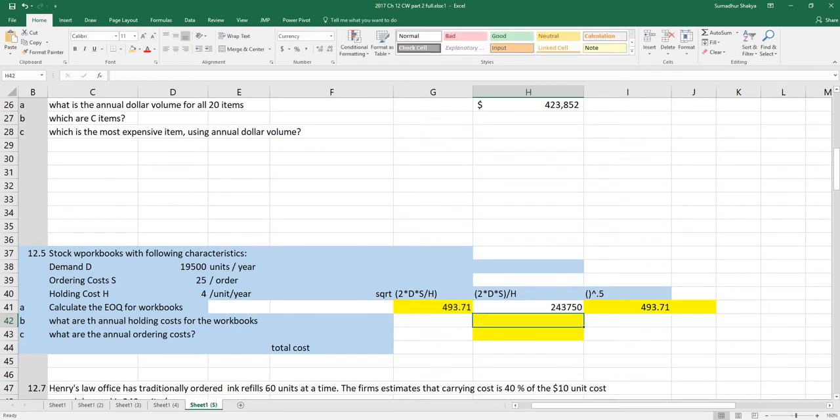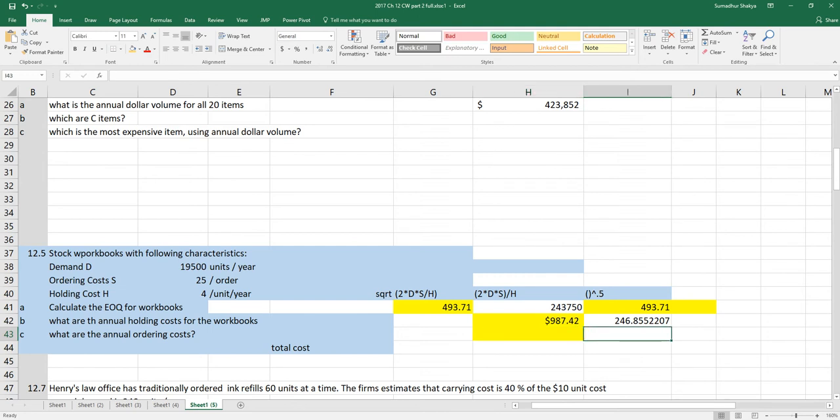Let's say this divided by 2, and it costs you $4 to store one workbook. Therefore, storing 246 workbooks for a year will cost you $987. Also, the cost of placing the orders.